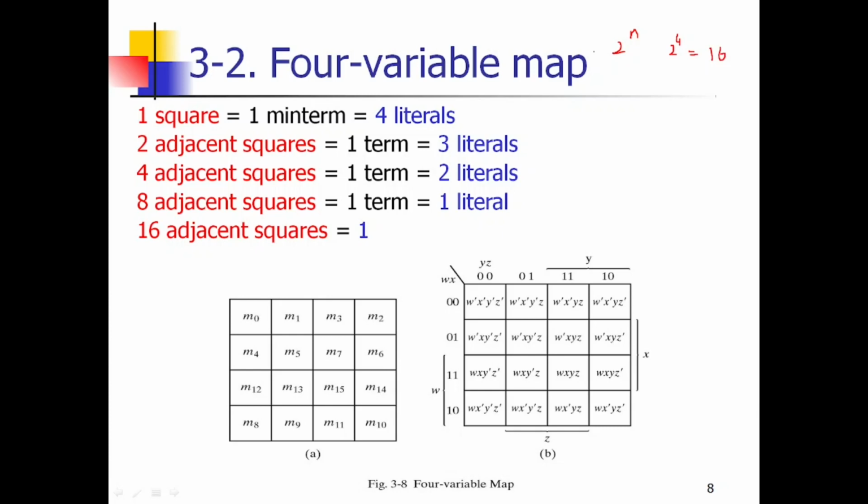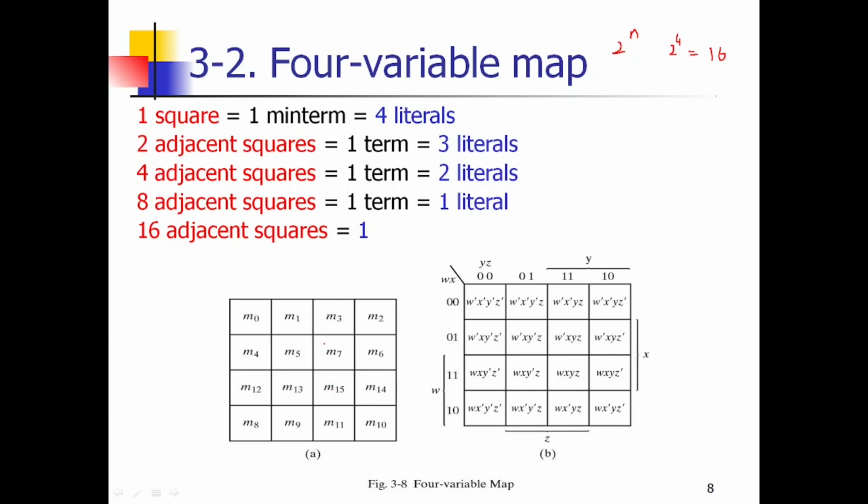So this 4 variable K-map consists of 16 cells, right? So how is it represented? This is M0, M1, M2, M3, M4, M5, M6, M7, M8, M9, M10, M11, M12, M13, M14, M15.